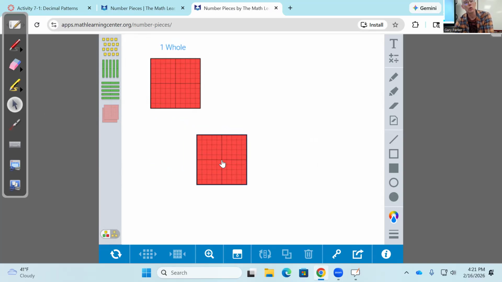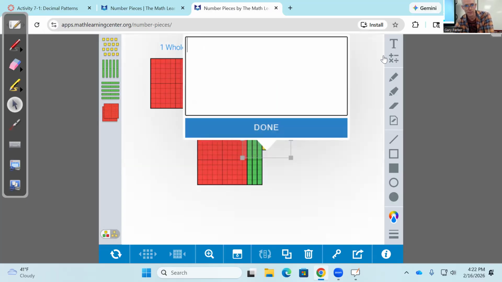And if that's one whole, then I could put together one whole and then 1, 2, 3 of these guys. And then 1, 2, 3 of those guys. So this would be a representation of 1 and 3300ths.